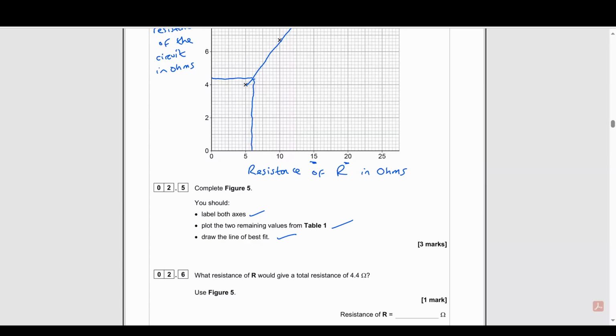So doing that, we want to check now what will be our interval between our values on our x-axis. Reading it, it looks like our interval is 0.5. So it's 5, it'd be 5.5 and then 6. So that means our resistance would be 6 ohms.